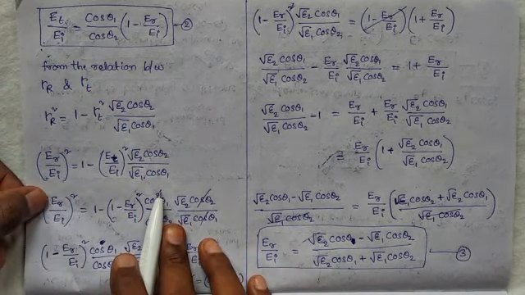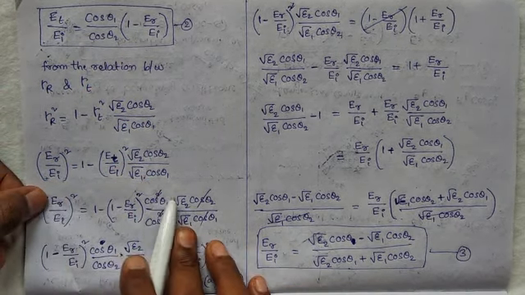Here cos theta 2 and cos theta 1 get cancelled in the numerator and denominator. The remaining term on this side is root epsilon 2 by epsilon 1 into cos theta 1 by cos theta 2.